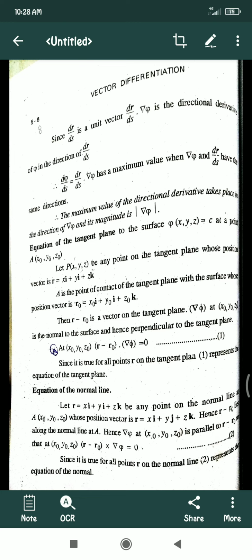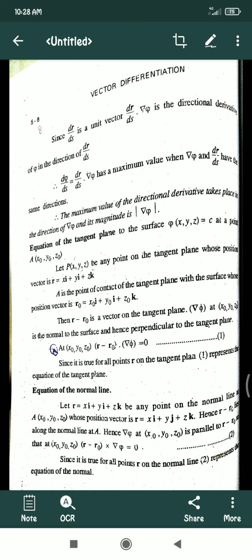So pi travels in the direction dr by ds. The value d pi by ds has a maximum value with respect to del pi and dr by ds. That was the directional derivative. So it has a maximum value with respect to the directional derivative and the pi function.